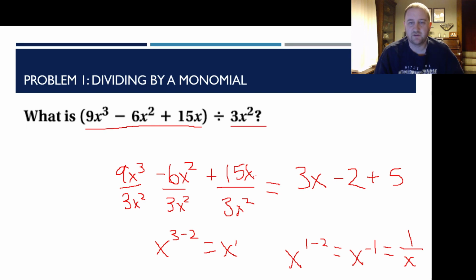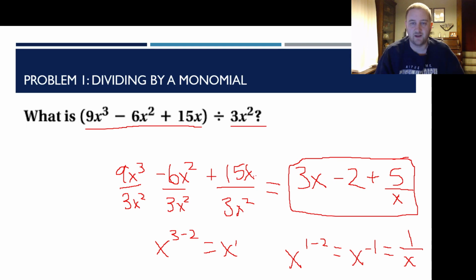So this last term is going to be 5 times 1 over x, or 5 over x. All right, got through the problem that I made so many silly mistakes on. So 3x minus 2 plus 5 over x then is our final result.